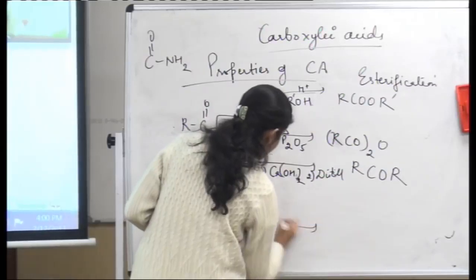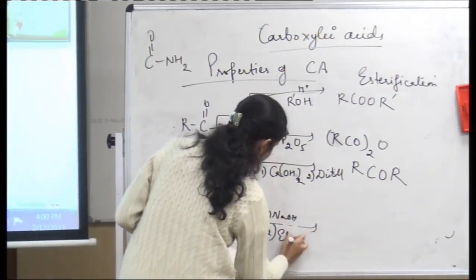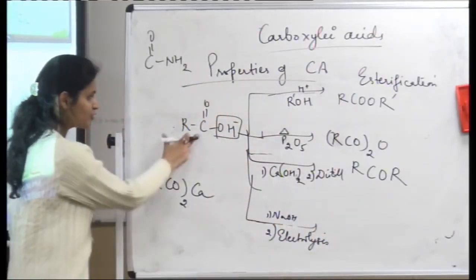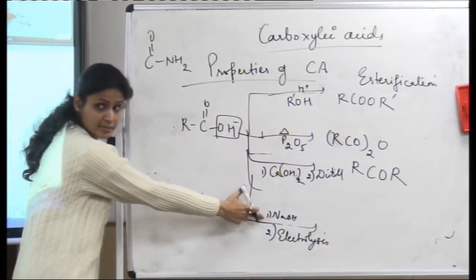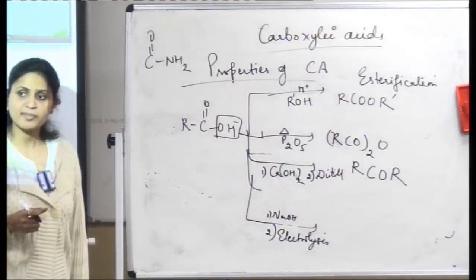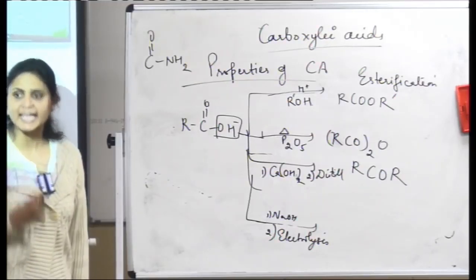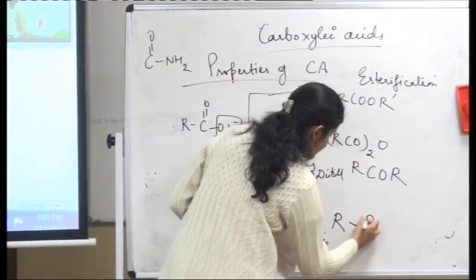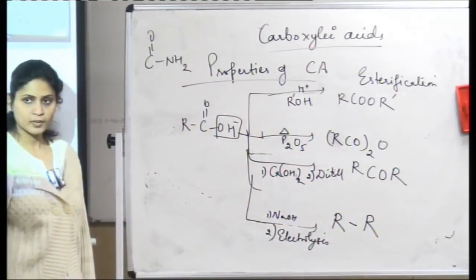Again, let's take example of NaOH and then followed by electrolysis. First it will form the sodium salt RCOONa, and then I am doing the electrolysis of it. Whenever I am doing electrolysis of any sodium salt, it will result in the formation of alkane, right? This was the reaction in alkanes also, and hence you will get R-R.